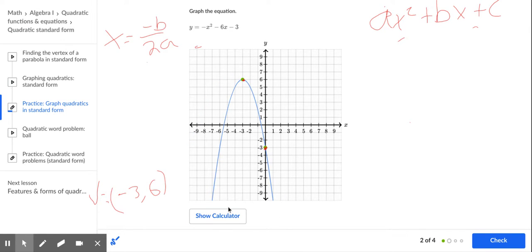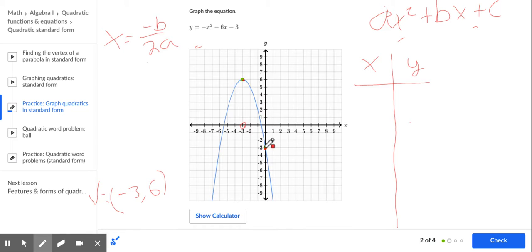But what if I need to do this by hand? What we're going to do there is make an XY table, and I'm going to need 2 numbers on either side of -3. So -3 is like my middle point. So I need -3, -2, -1, and -4 and -5. Those are the numbers that are going to go on my table.